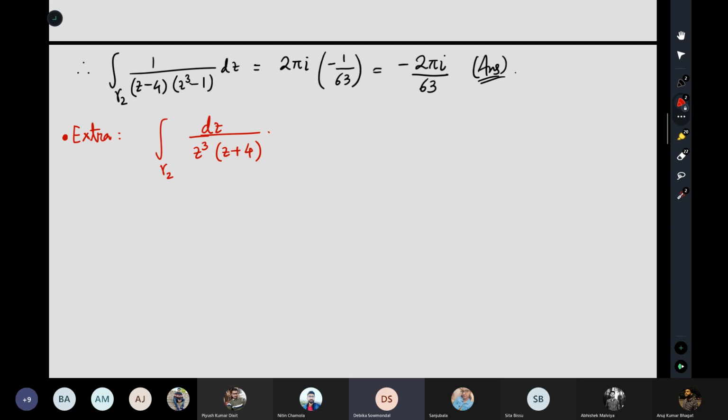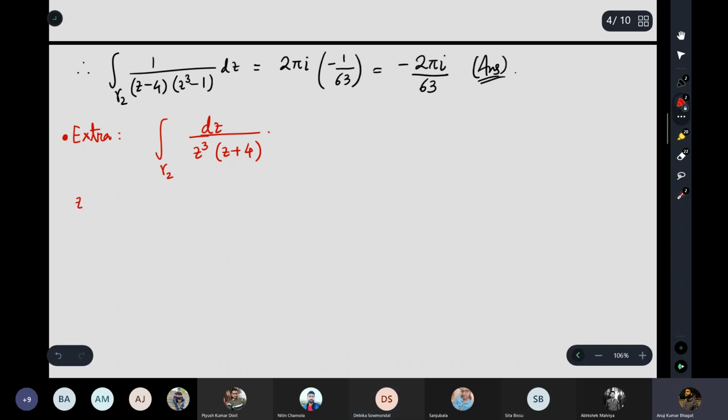0 and minus 4. That's correct, 0 and minus 4. And among these singularities, which ones will lie inside gamma 2? Only 0. That's correct.